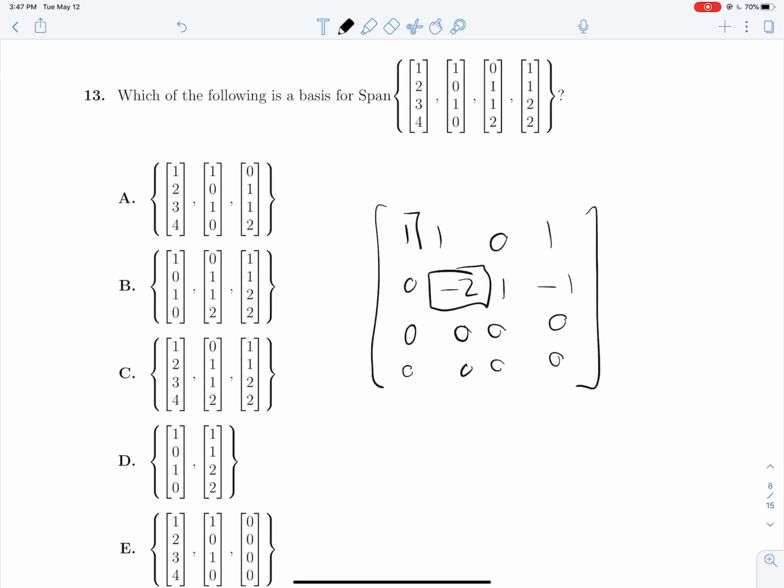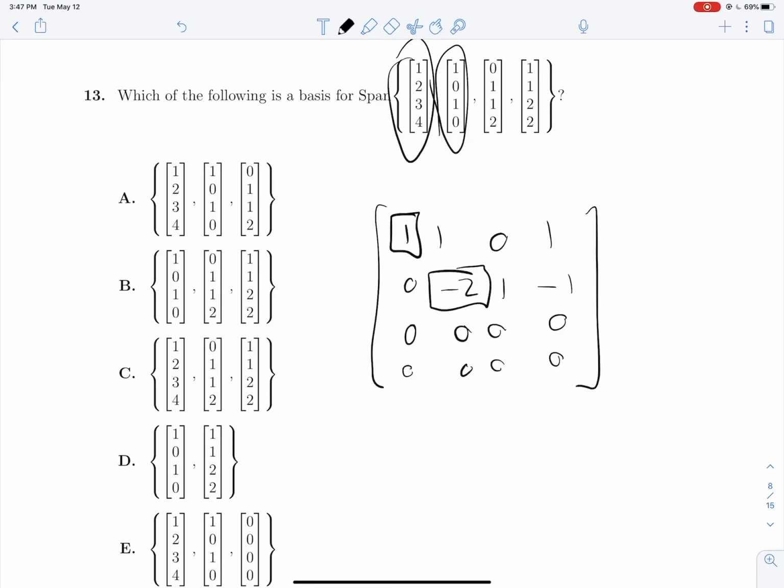Okay, so really all we need to know for finding a basis for our column space is which columns have pivots in them. So because column 1 and column 2 are pivot columns, those will most definitely form a basis for our column space.